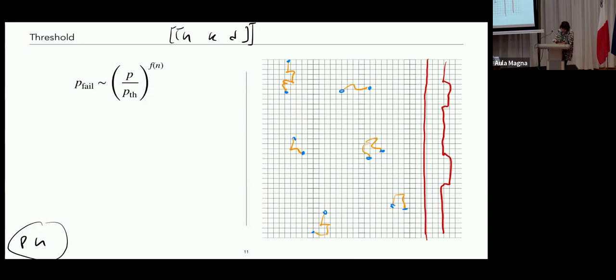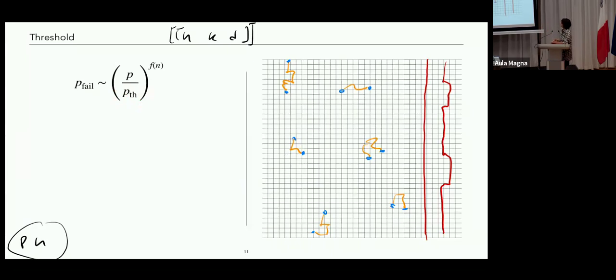And we say that that family of codes has a threshold if there exists a probability p threshold, such that for noise probability below this number, by growing the system size, I can also decrease the failure rate of a decoder.